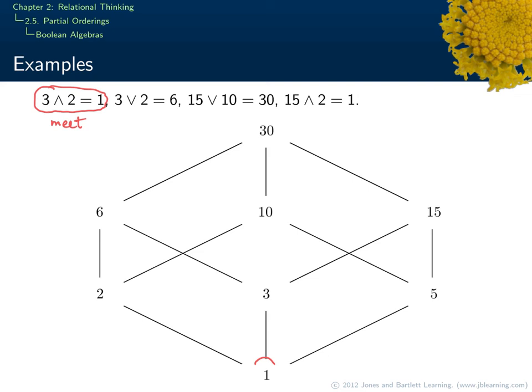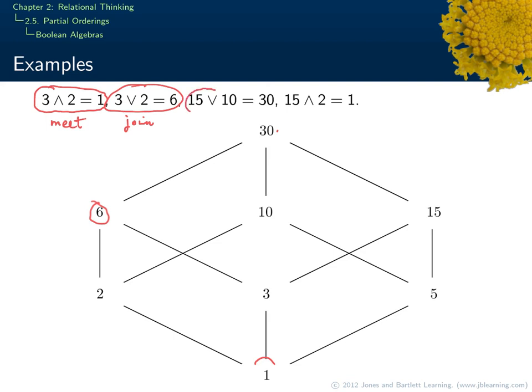Now what about the join of 3 and 2? The join is going to be the smallest object in our hierarchy that is larger than both 3 and 2. So 30 is larger than both 3 and 2, but it's not the smallest thing in our hierarchy that's larger than both 3 and 2. That is actually 6.